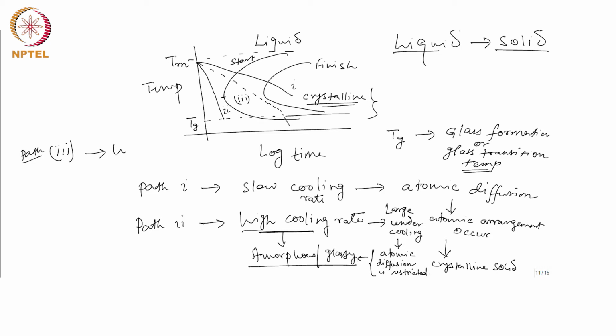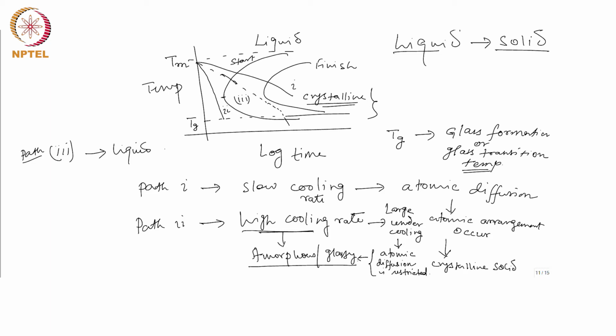the liquid will partly transform to a crystalline solid, because as I said, it has actually crossed the start curve, right. So, as it crosses the start curve, the crystalline solid will start to form. So, the first solids that form above this Tg temperature will be crystalline, right.